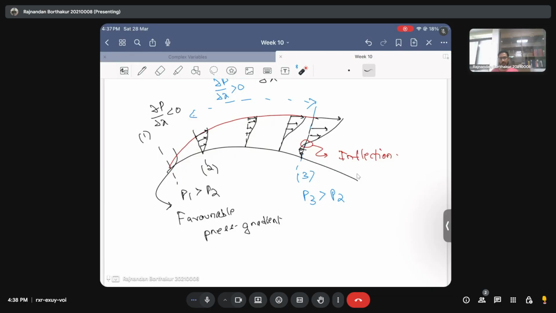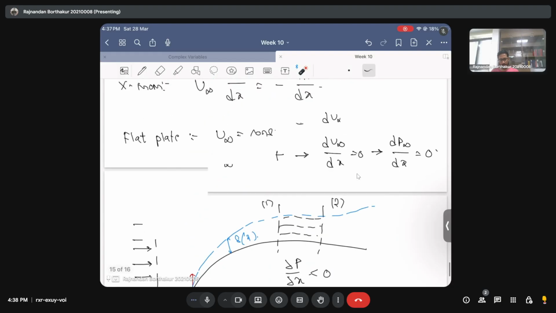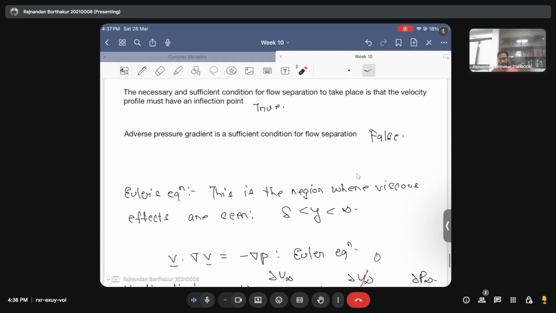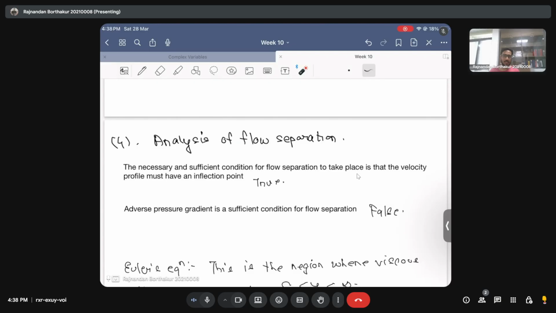All right, so I believe that is clear, and this is something I wanted to convey. So with this, we will stop our discussions on laminar boundary layer. We didn't solve problems associated with non-zero pressure gradient and non-zero U infinity, but this is the idea. You don't require much of this as far as your assignment is concerned.